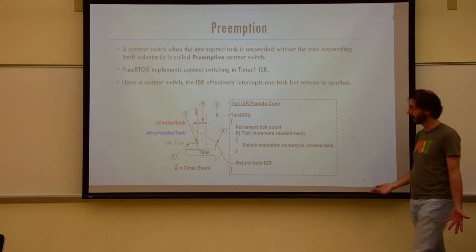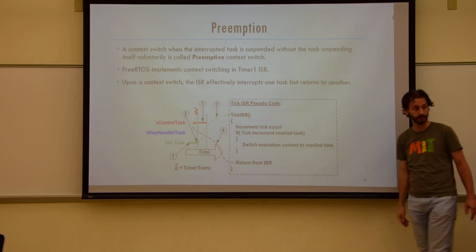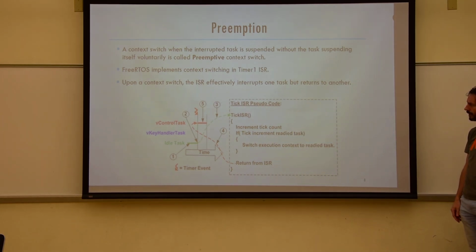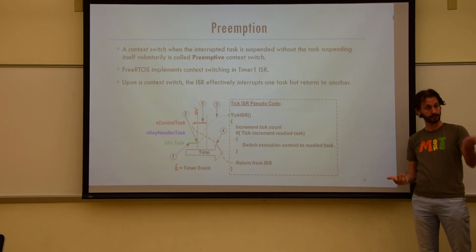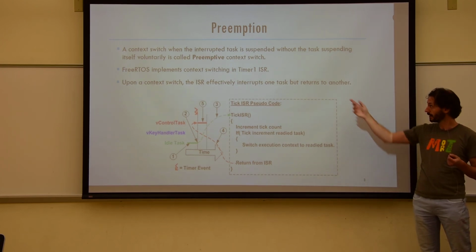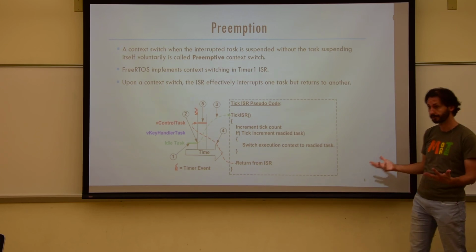But to make that happen, you will need to have timer 1 available for FreeRTOS, because the scheduler is interrupted by that timer's hardware interrupts to do the preemptive context switches that need to be done. So that's how that works.